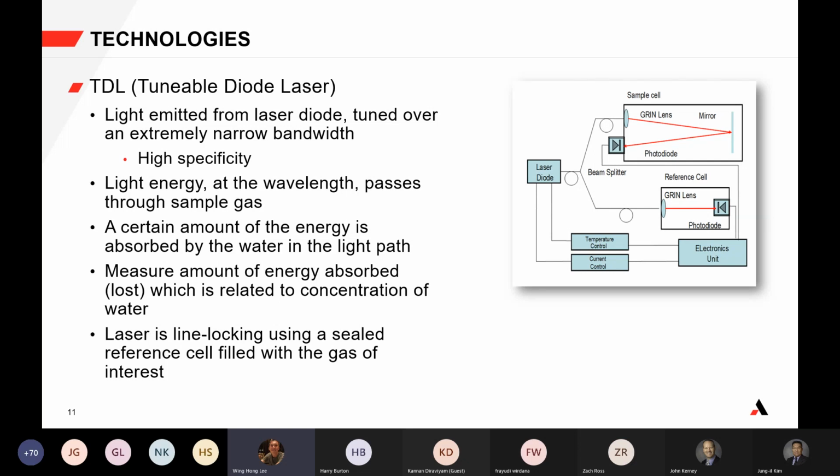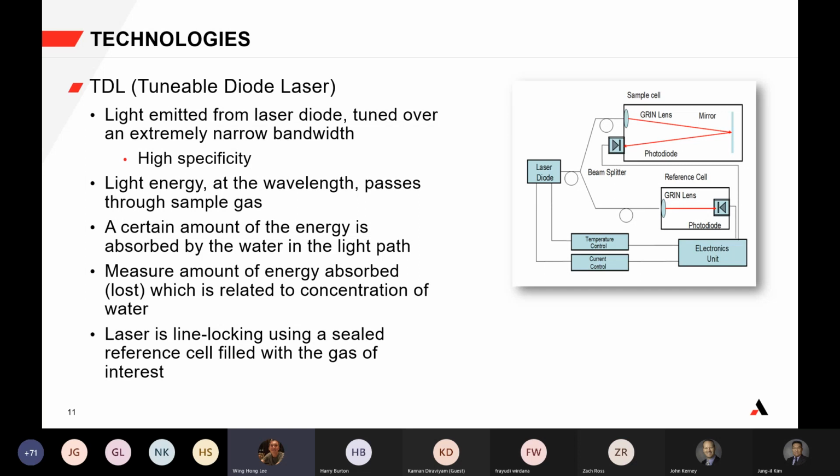The temperature is kept constant and the voltage to the diode is adjusted or tuned to let it emit a narrow bandwidth of light at the wavelength that is absorbed by the gas of interest. In this case, we're discussing moisture.